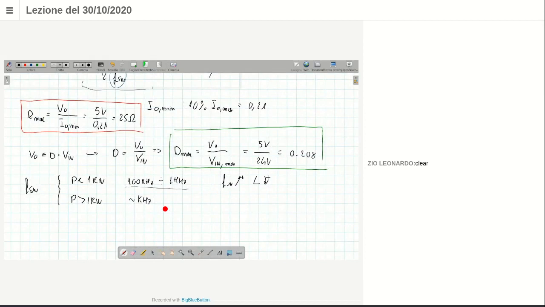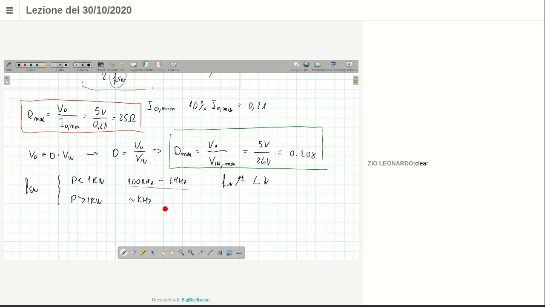It means that the converter can be smaller, and also less expensive, because inductors are expensive components. Okay, so this is of course something positive.